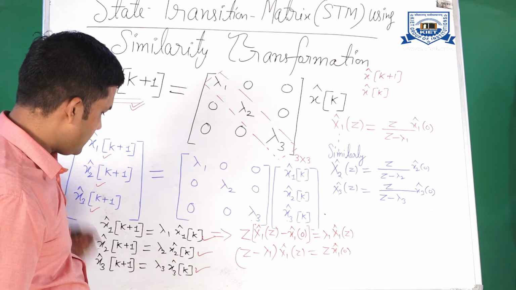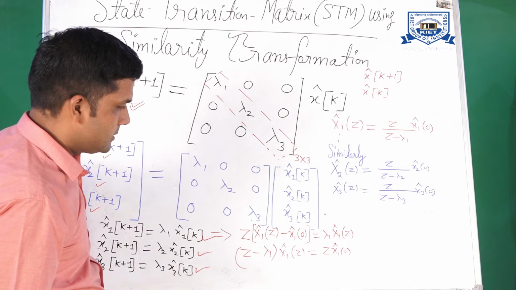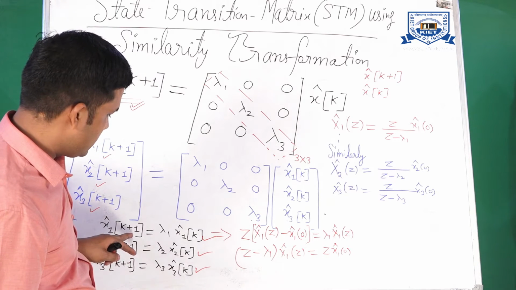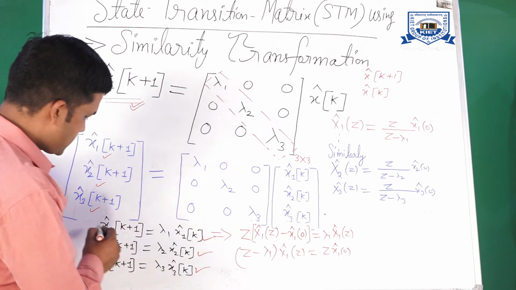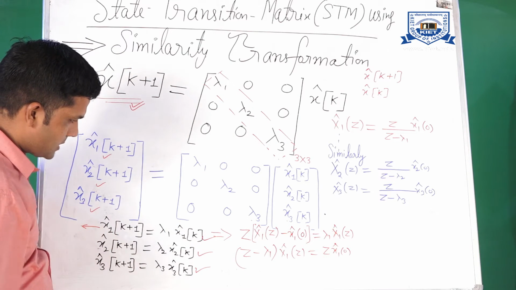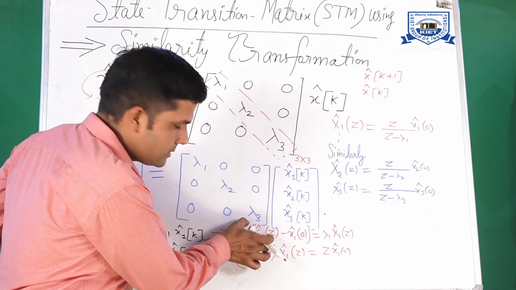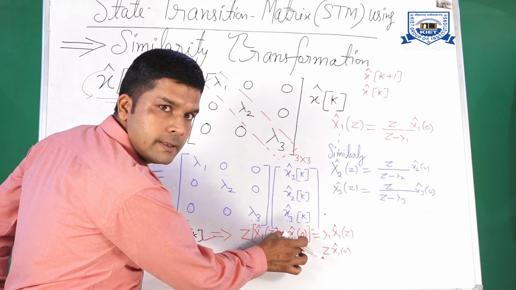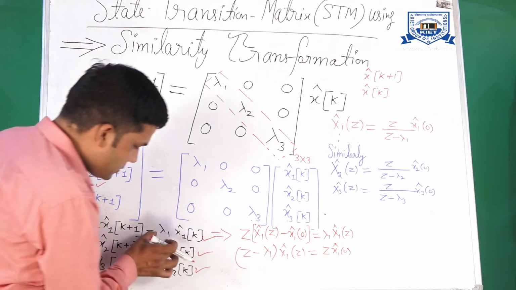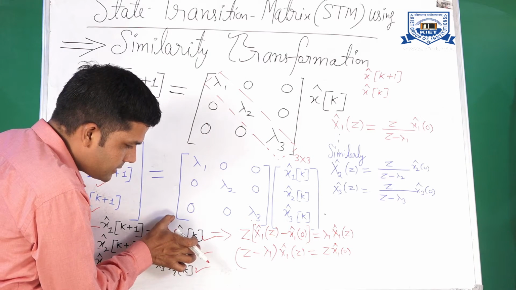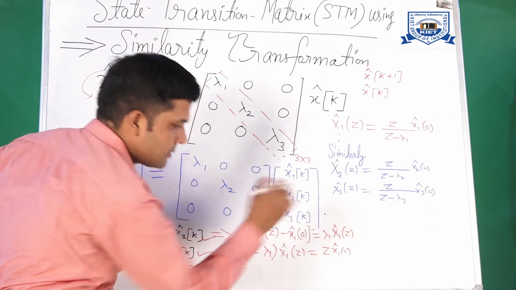Now we have to find the z transform of the given equation. First equation is x1 cap k plus 1, then z transform: z into x1 cap z minus the initial value x1 cap 0 is equal to lambda 1 x1 cap z.